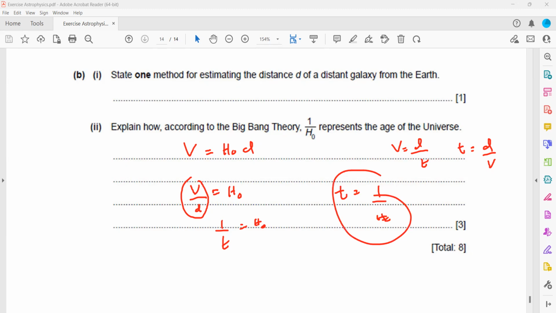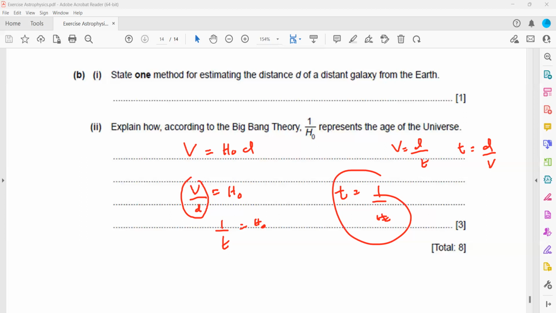We just have to explain how, according to the Big Bang, the reciprocal of the Hubble constant is the age of the universe. How you explain this: you mention that according to the Big Bang, everything was at one point. Then it exploded.